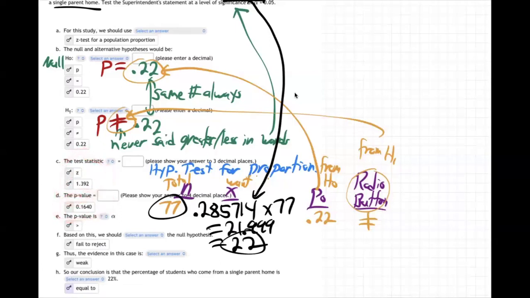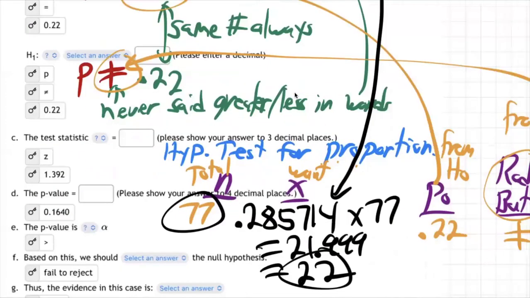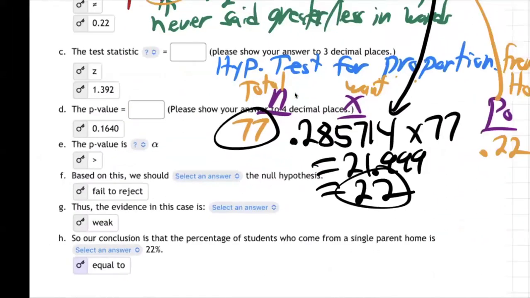Now it's time to draw a conclusion. So we come on down and we're going to say, okay, so this is where you go, what's your p-value? So our p-value, which is 0.1640, and then our alpha level, what is our alpha level?